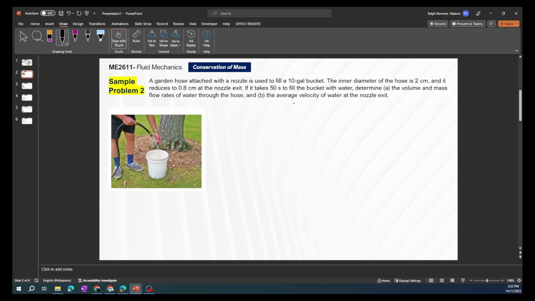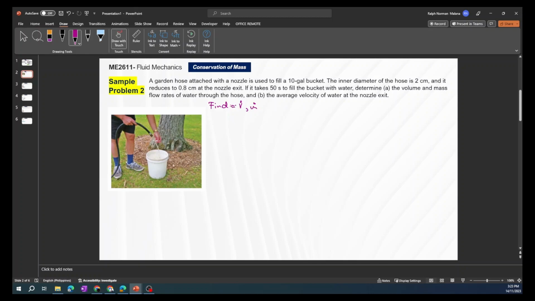Okay, so we make several assumptions muna dito. So we're given several values here, pero let's just put them one by one. So we're here to find the volume flow rate and the mass flow rate.